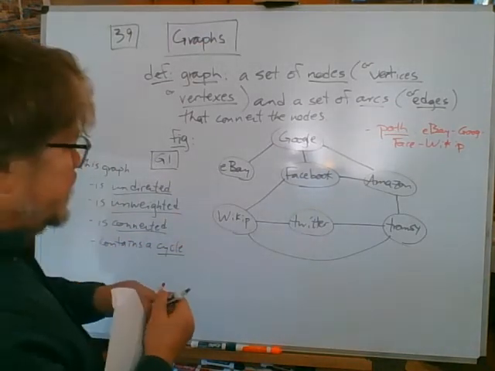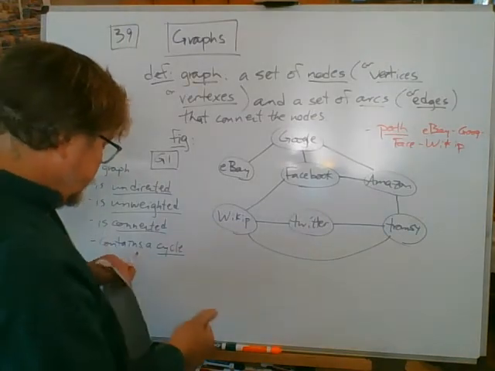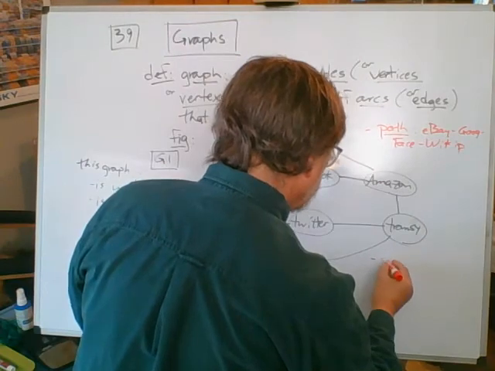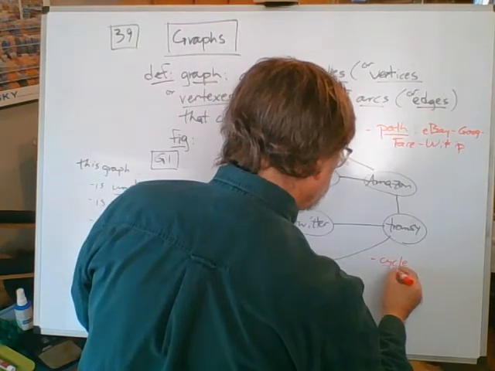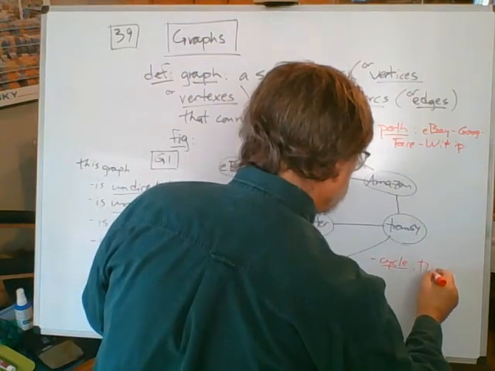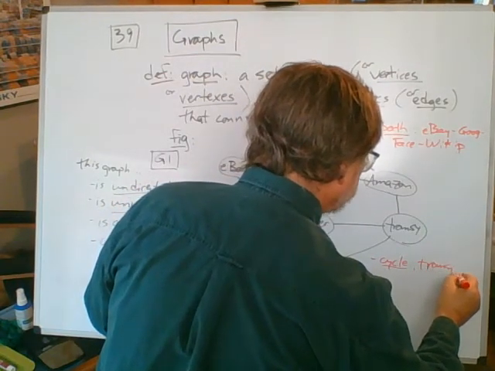And I'll do that by example in a different color. Red, I'll still use red. I'll put it down here. Cycle. Where do we want to start? Let's start at Transy, T-R-A-N-S-Y.